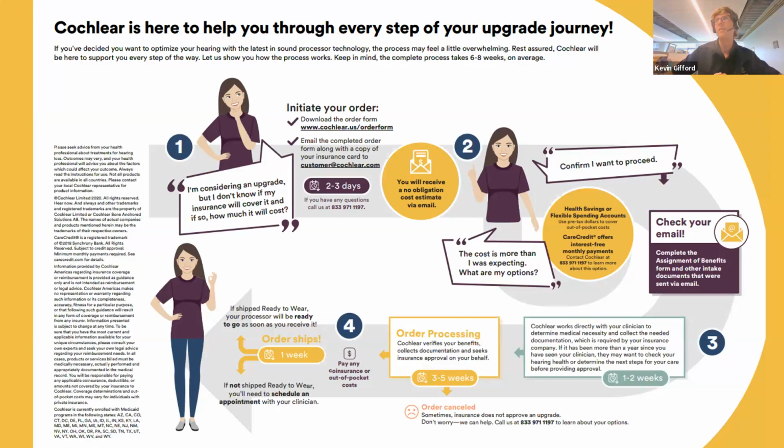After you receive that coinsurance estimate, there are several options to help you with cost assistance. First is CareCredit. CareCredit is a credit card you would apply for, and if approved, you could be eligible for interest-free payments up to 24 months.